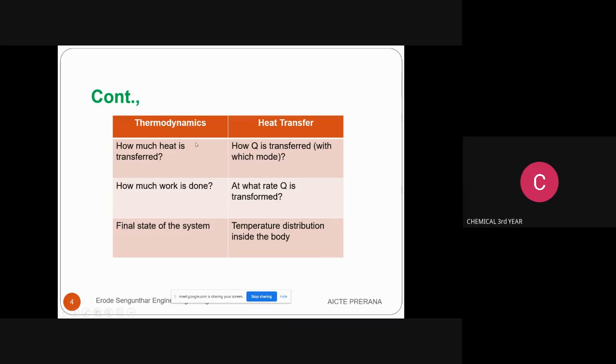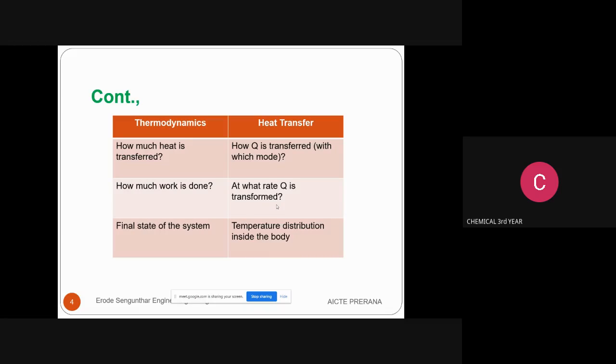In thermodynamics, we discuss the entire process and finish it fully and thoroughly. But in heat transfer, we discuss the system: how the heat is transferring from the system, on the system or inside the system, in which mode it is transferring, and how much the temperature distribution varies inside the body at each and every point.